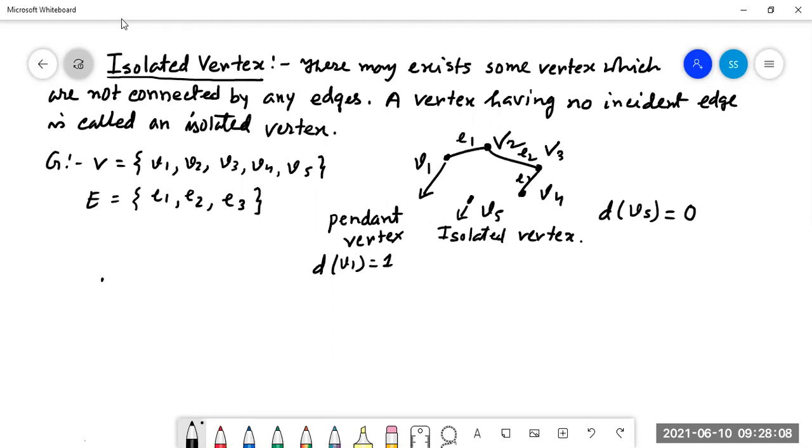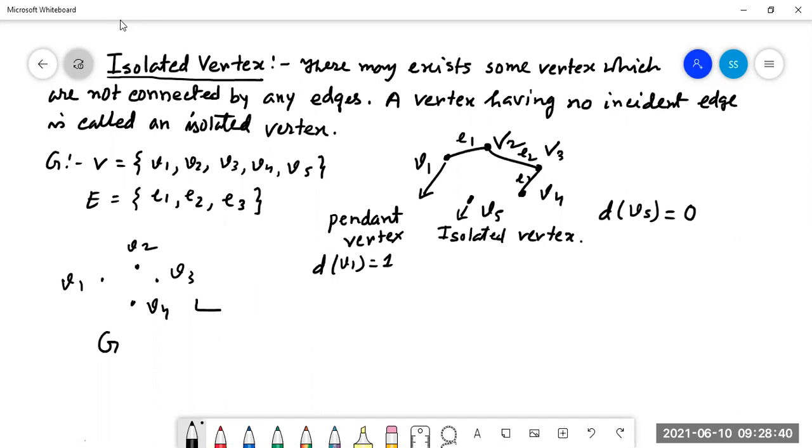If we say it is a graph with V1, V2, V3, V4, is this picture a graph? Yes, this is also a graph. This kind of graph having no edge is called the null graph.